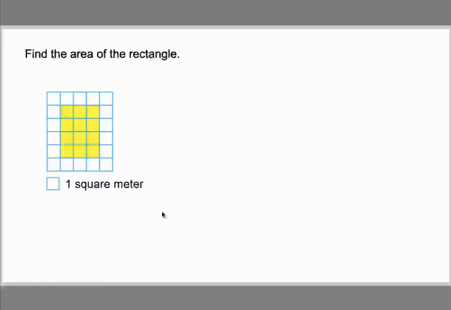So, let's count together. 1, 2, 3, 4, 5, 6, 7, 8, 9, 10, 11, 12. So, 12 unit squares cover the rectangle.